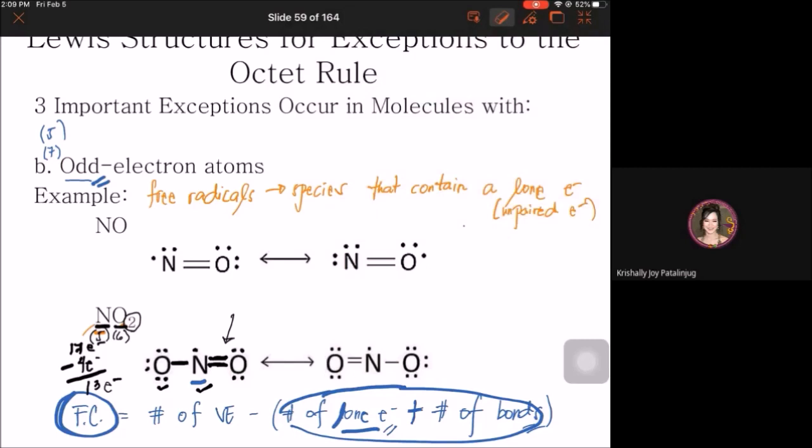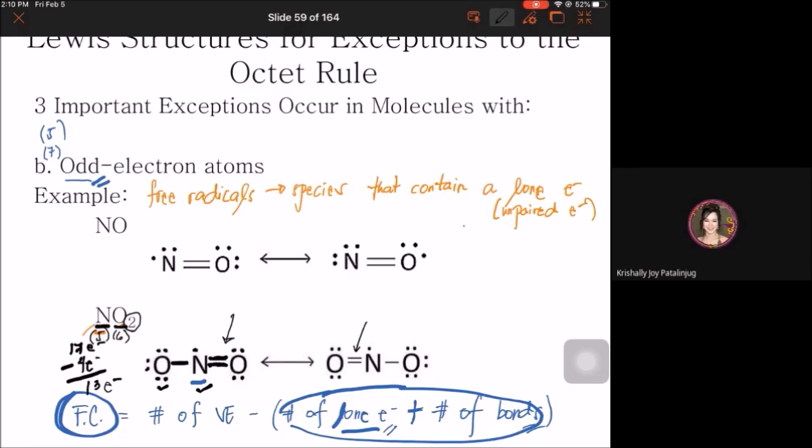So, ito na yun. Okay? So, the same lang yun. Okay, so that is how to convert one resonance form to another. Simply change the lone pair of the surrounding atom into a bonding pair. Okay? So, that's it for the odd electron atoms. Okay? Di ba?